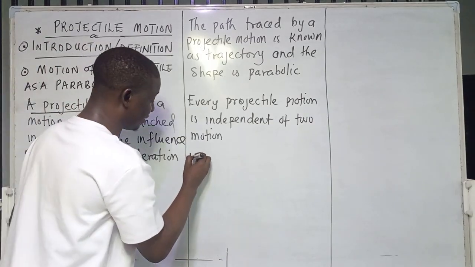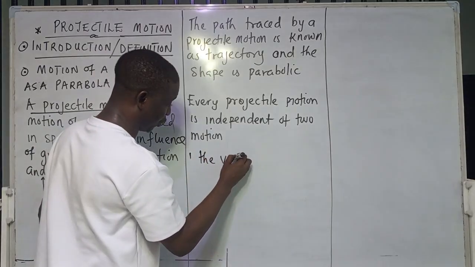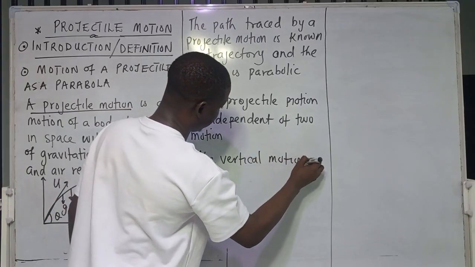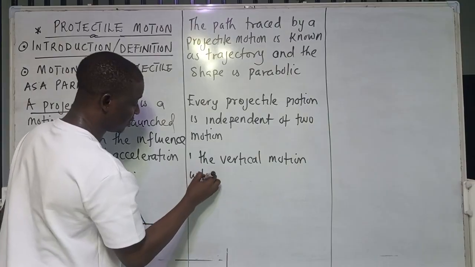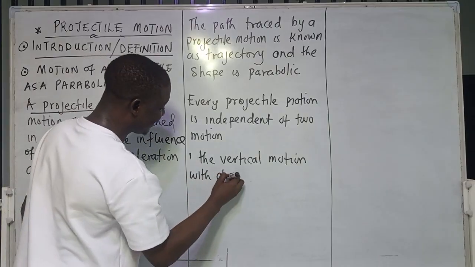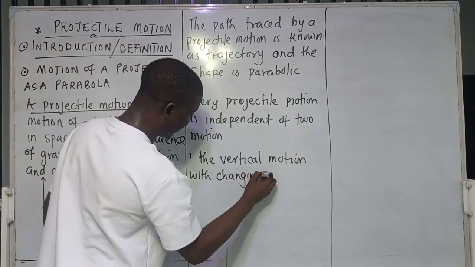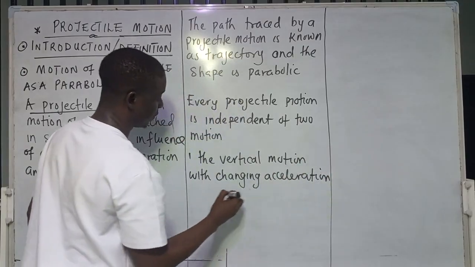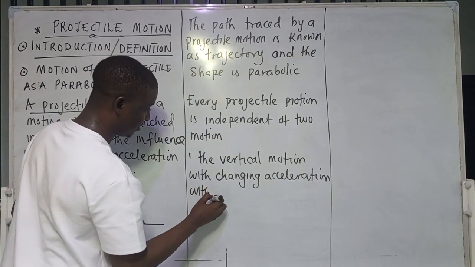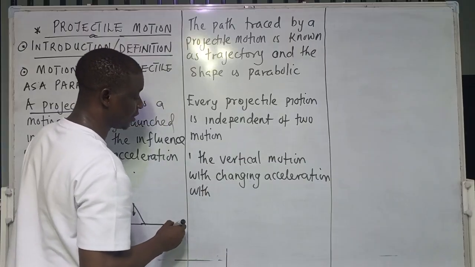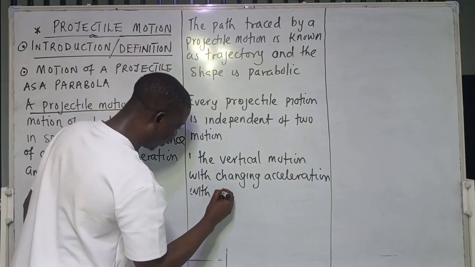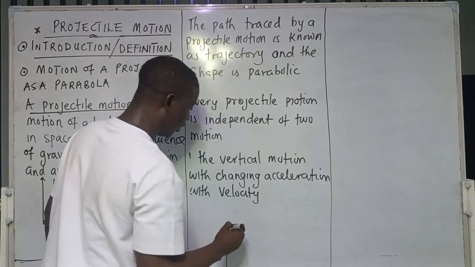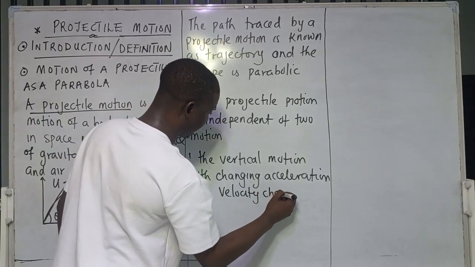Number one is the vertical motion, a motion with constant acceleration and velocity changing uniformly.